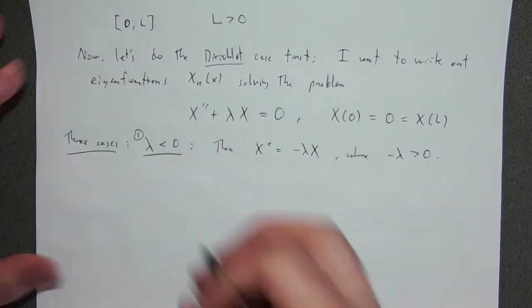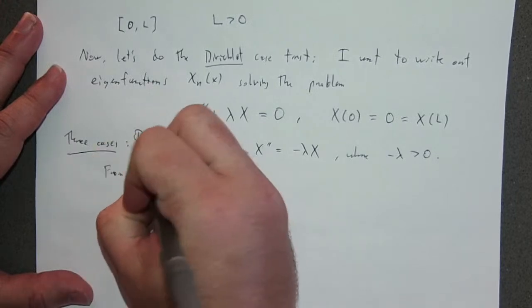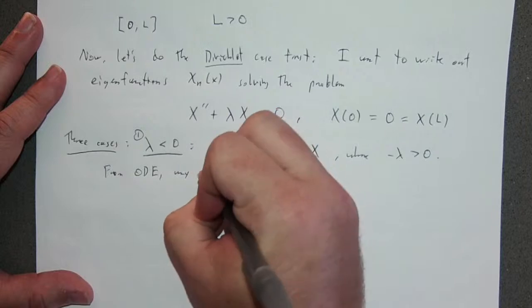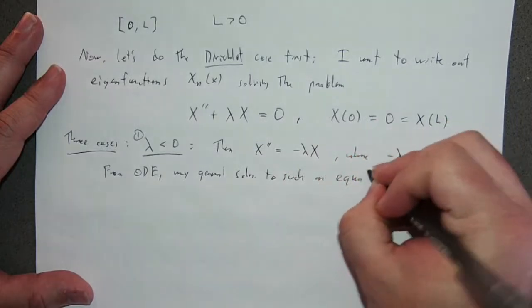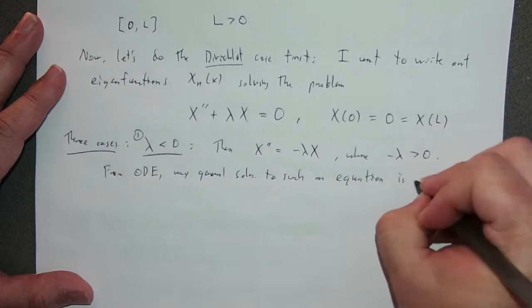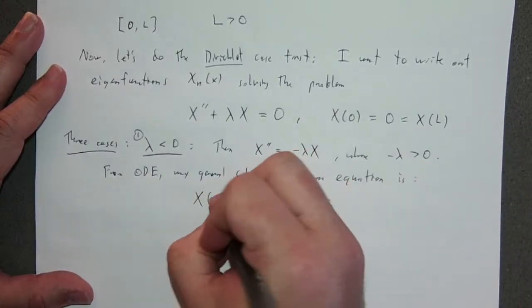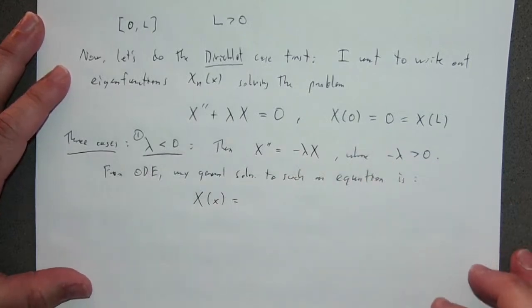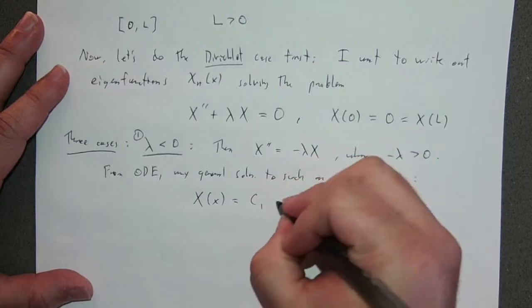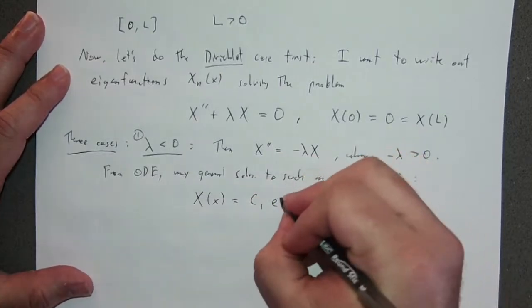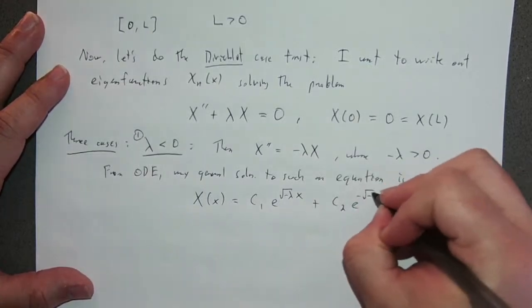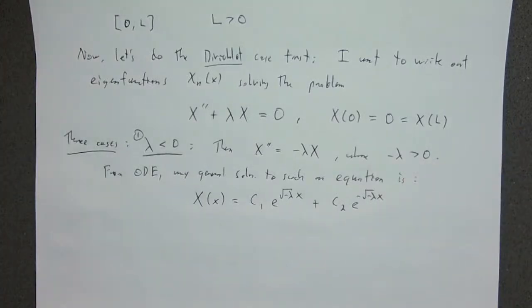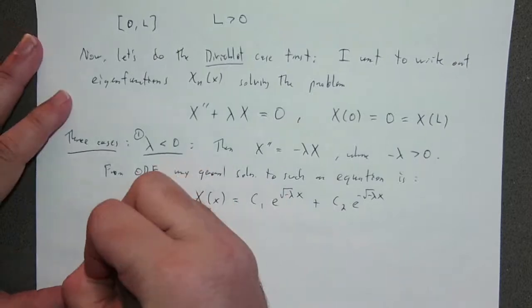But from ODE, my general solution to such an equation, thinking of the characteristic polynomial, is X of x equals c1 e to the square root of minus lambda times x, plus c2 times e to the minus square root of minus lambda times x, for constants c1 and c2.